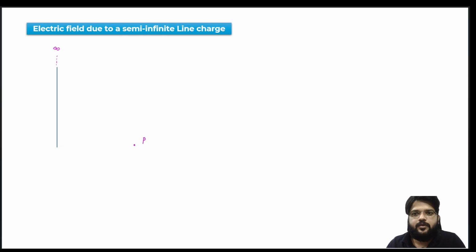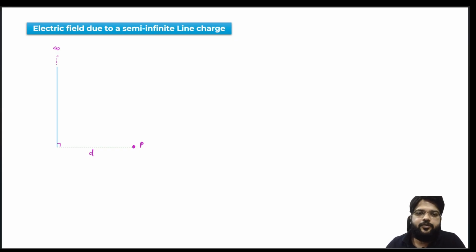The perpendicular distance between the rod and this point P is D.